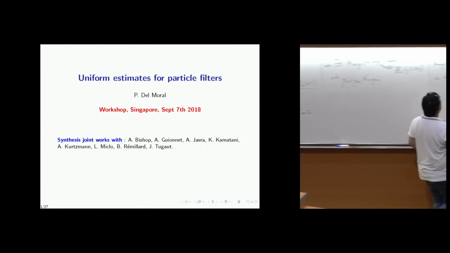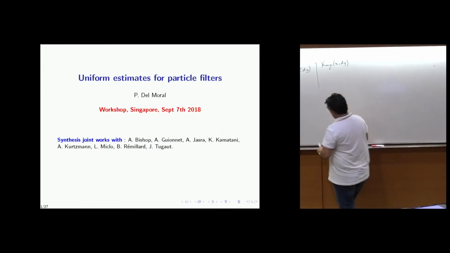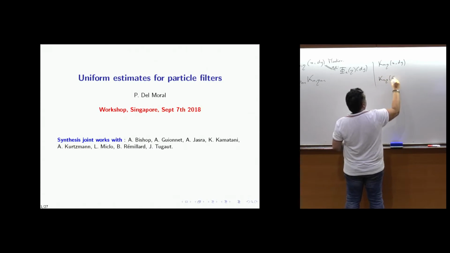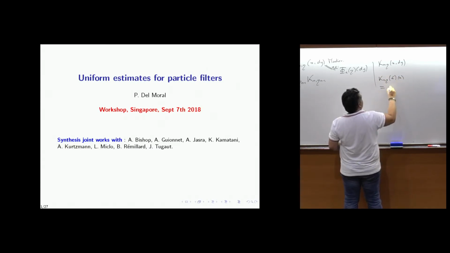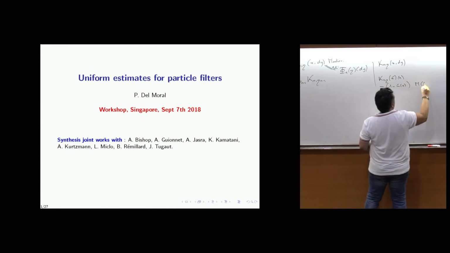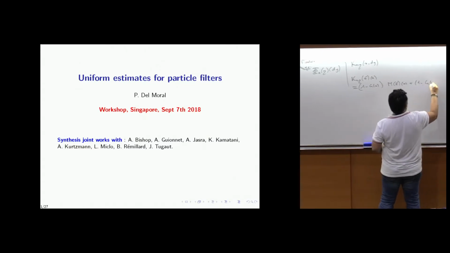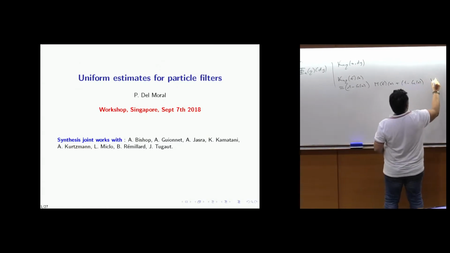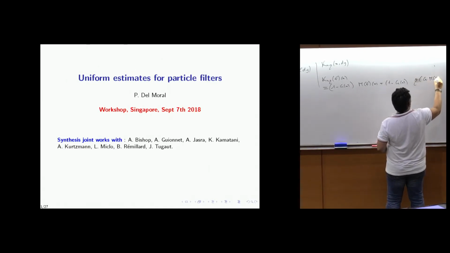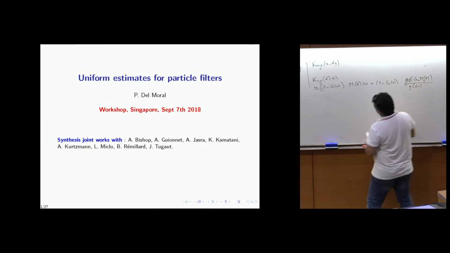So I should rewrite this in another way. Example, I take this one, acting on some function f at x is g(x) M f(x) plus 1 minus g(x) times eta g M f by eta g n. So you can check that this works.